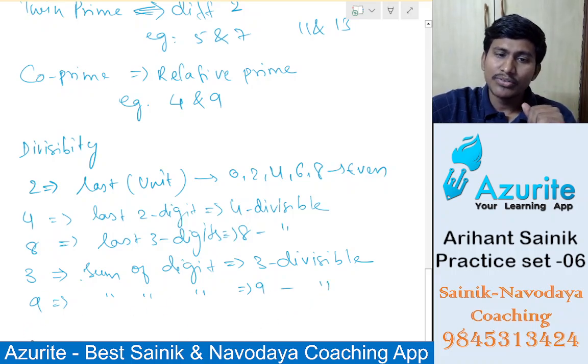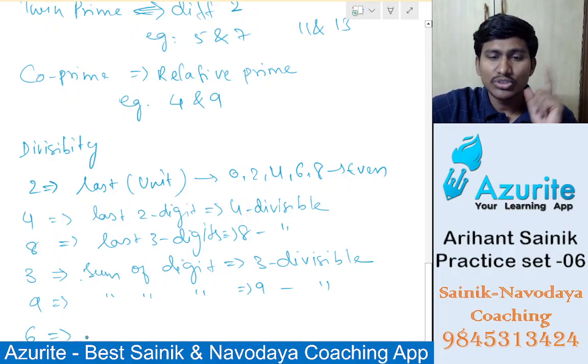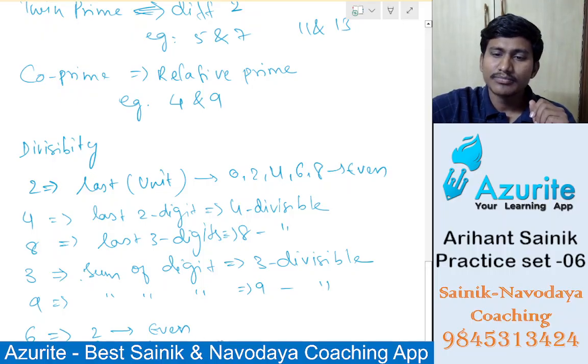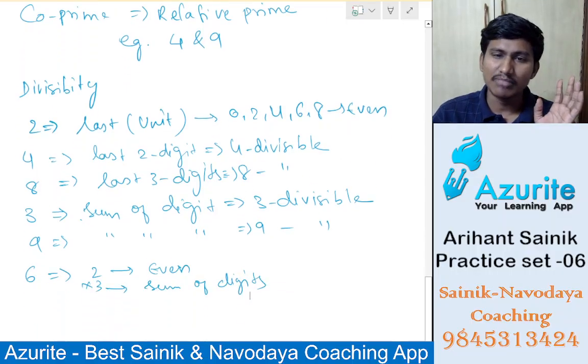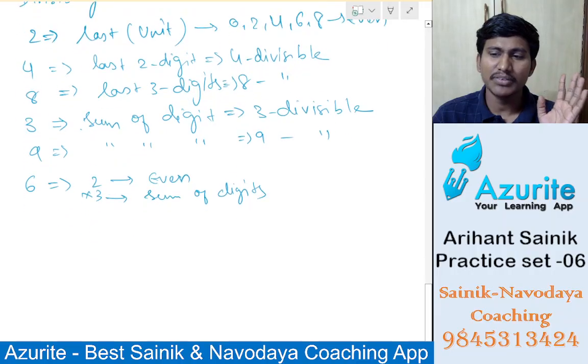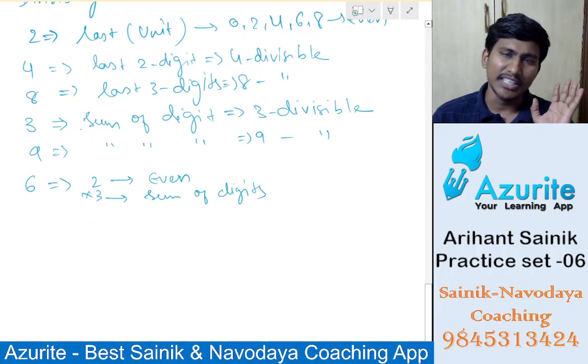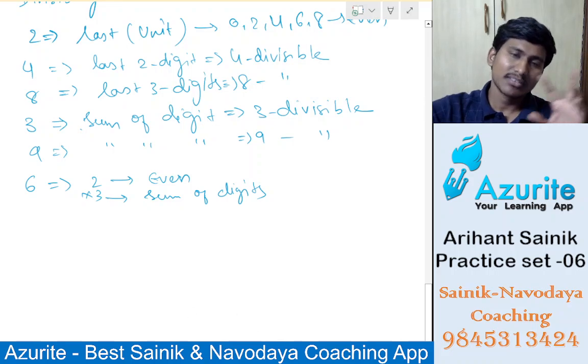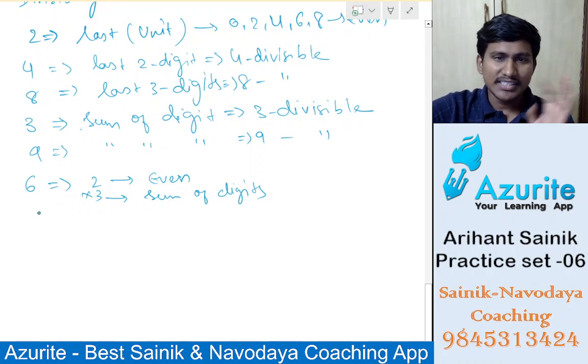Now 6: 2 threes are 6, so it should be an even number, and the sum of digits should be divisible by 3, so 6 will come. Like that, if they ask any other number like 15, 5 threes are 15. Try to take as much as possible the prime numbers as a product. Okay, so 6 is done.